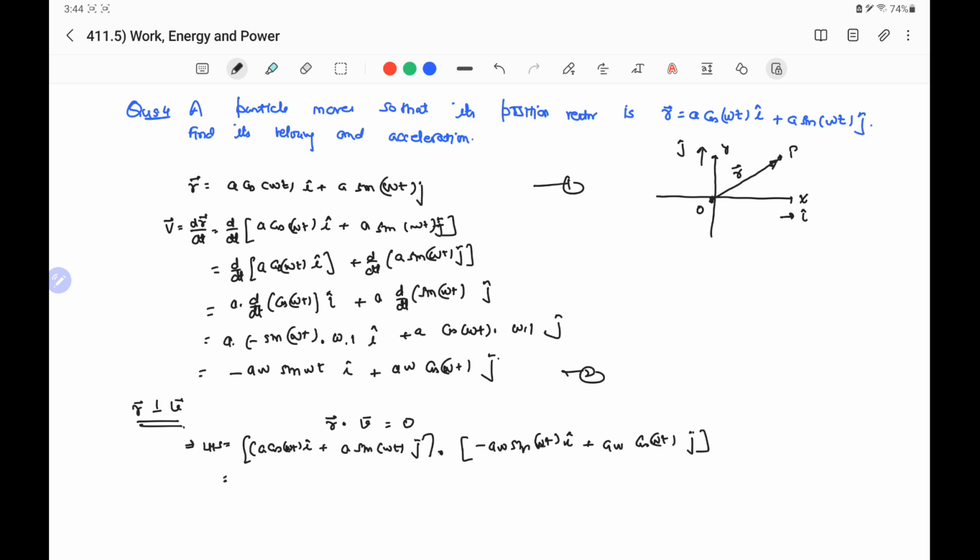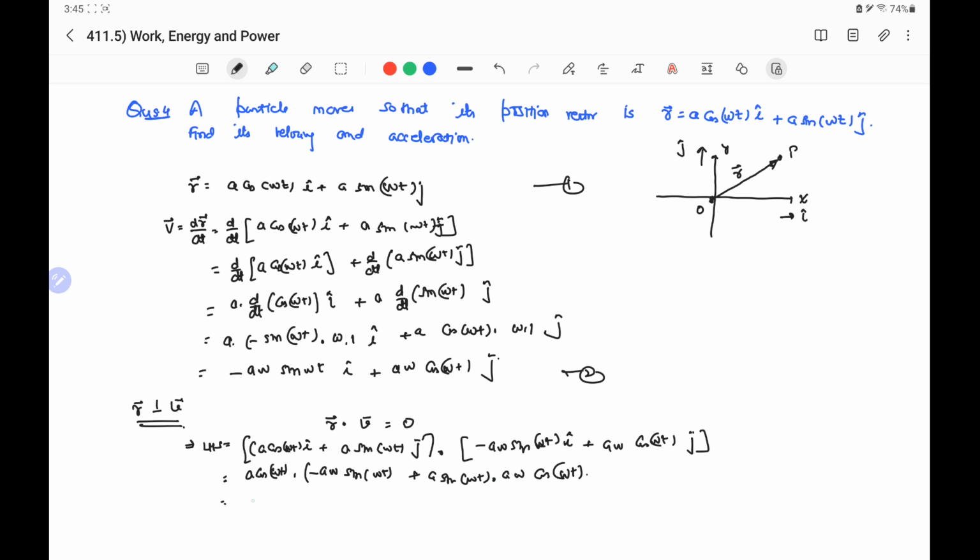In the dot product, we have to take the product of the components or multipliers of the unit vectors which are the same. That means i with i and j with j, the others will be 0. So we will have a cos omega t into minus a omega sin omega t. This is the product for i dot i. Similarly, for j dot j, it will be a sin omega t into a omega cos omega t.